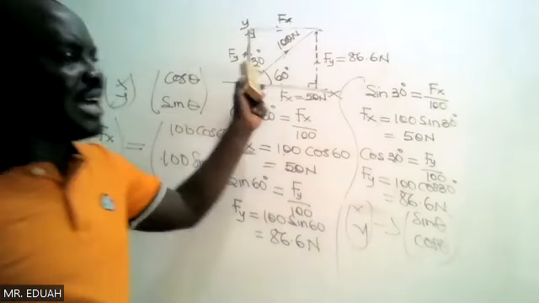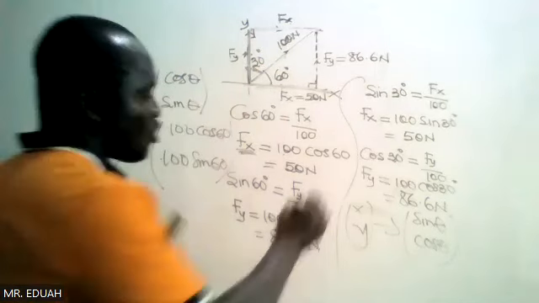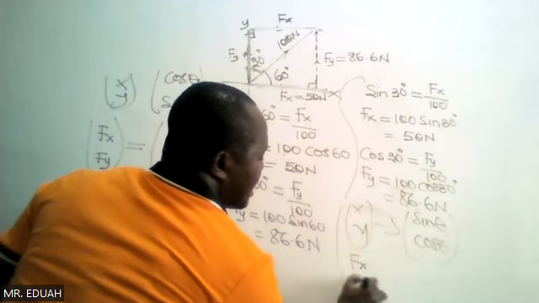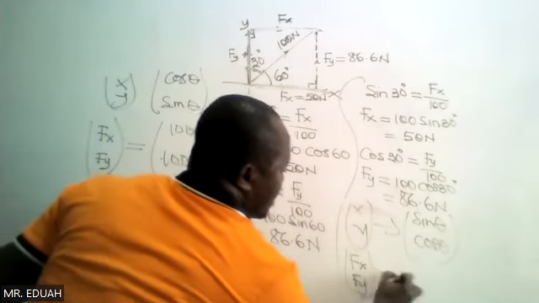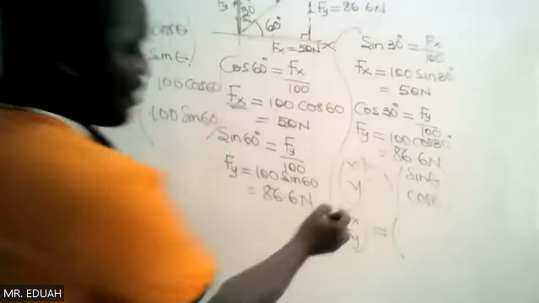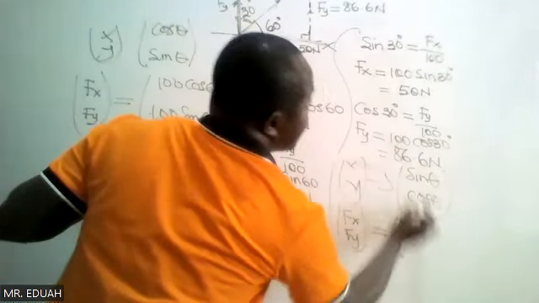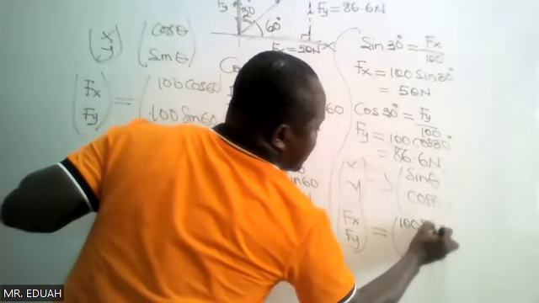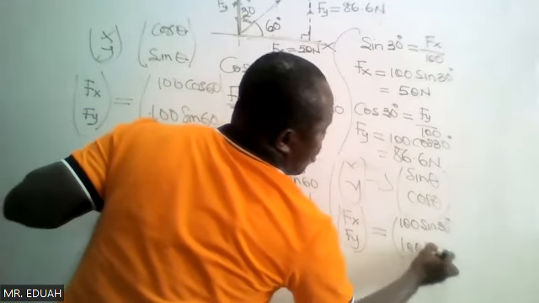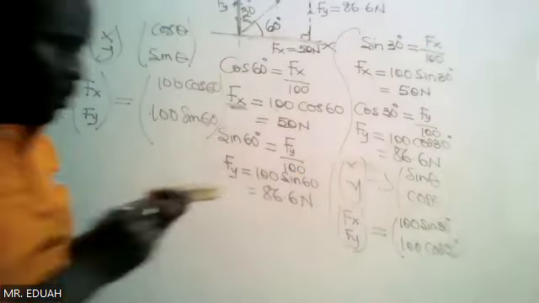When we're looking at the angle the force makes with the y-axis, the components Fx and Fy are equal to 100 sine 30 and then 100 cos 30 degrees.